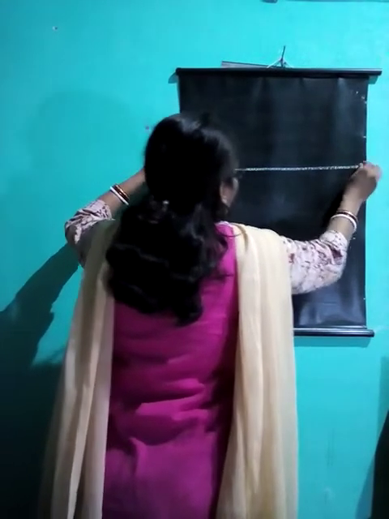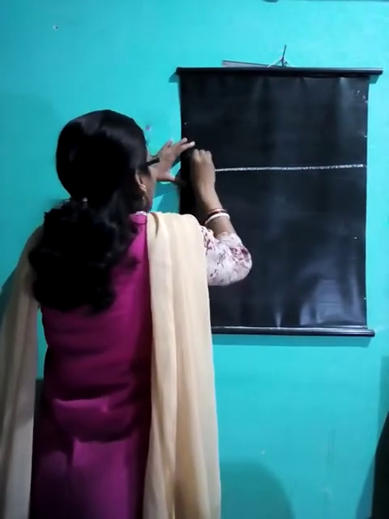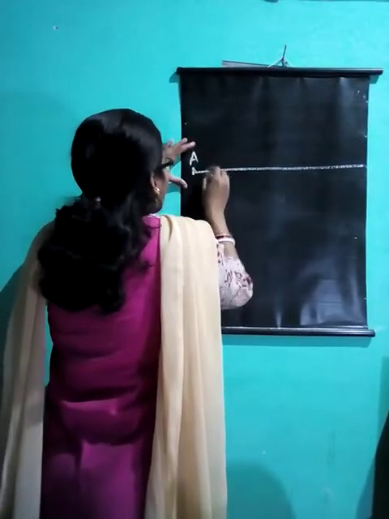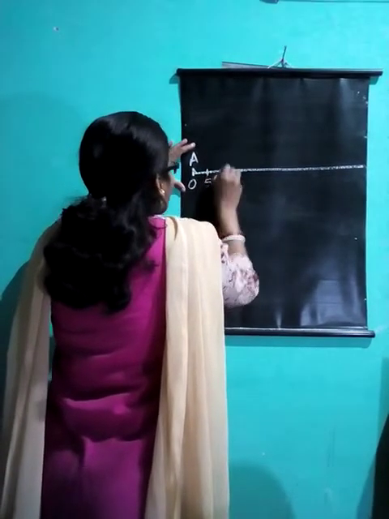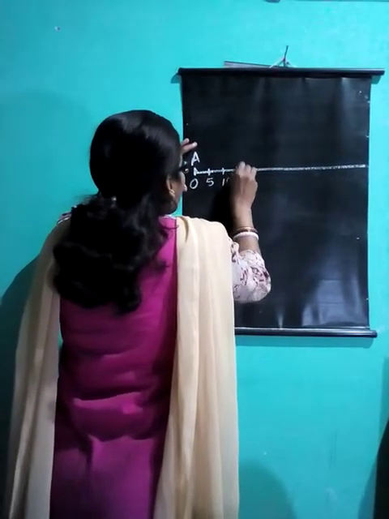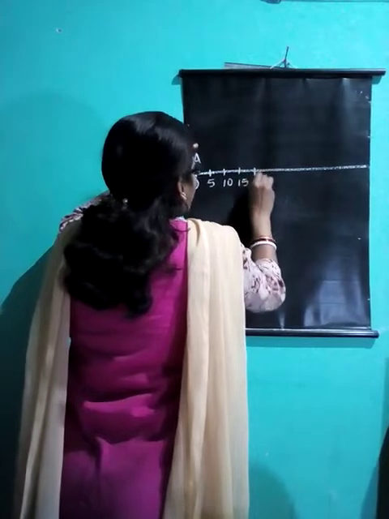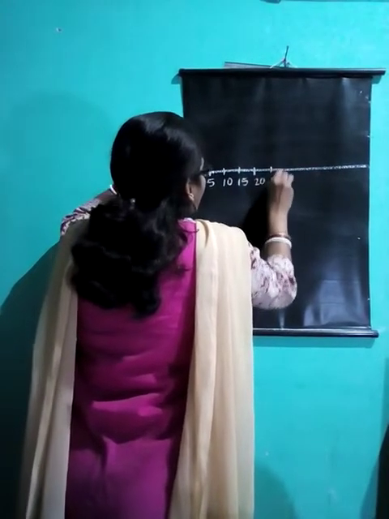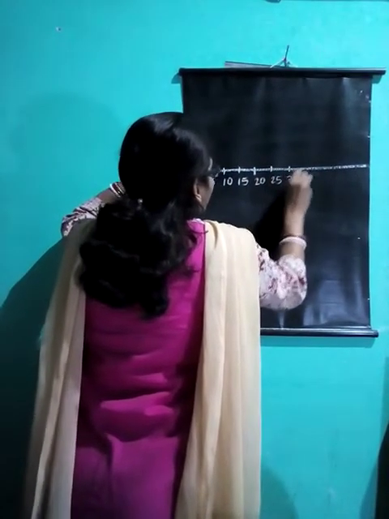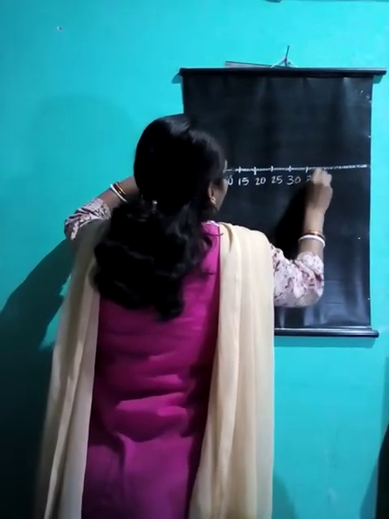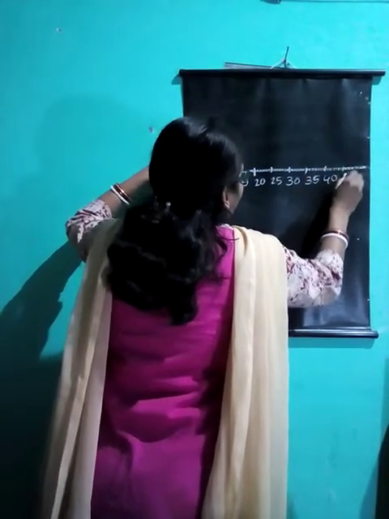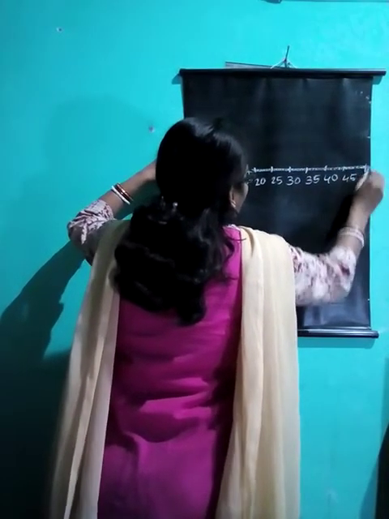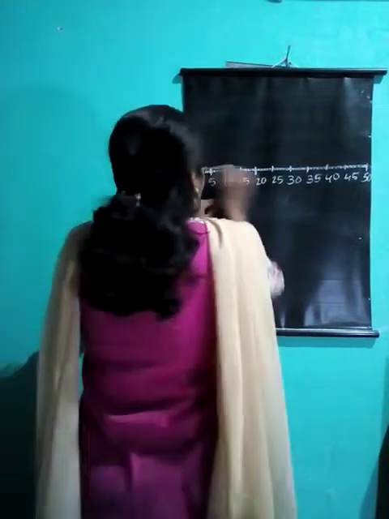Now it has started from A. Let us take it as 0, 5, 10, 15, 20, 25, 30, 35, 40, 45, this is 50. Let us take it in this manner. So, this is A.